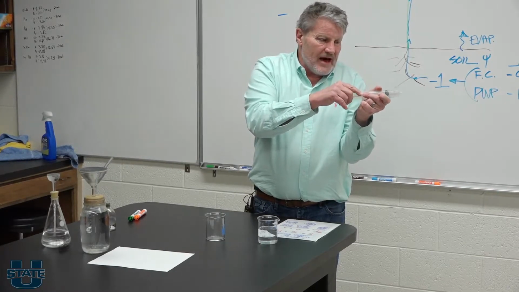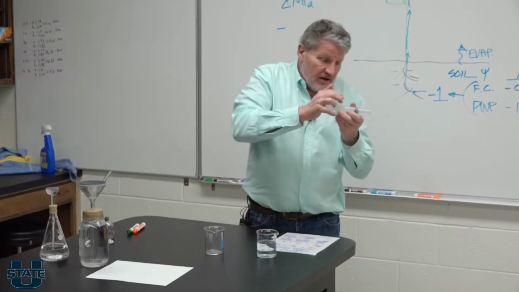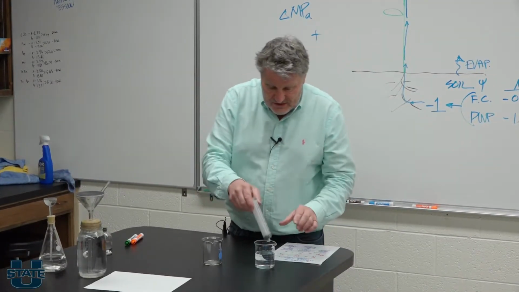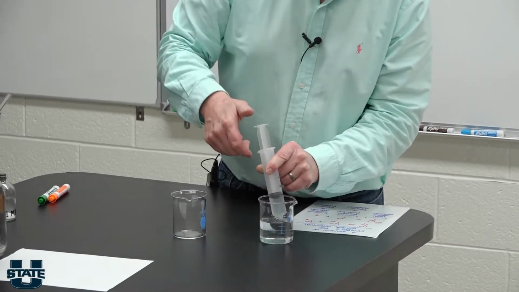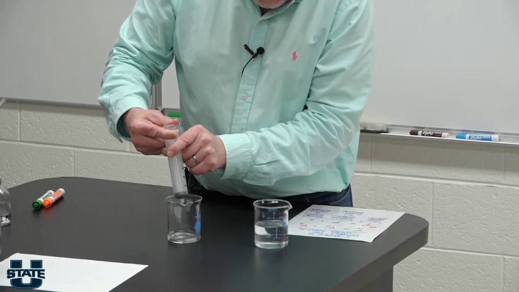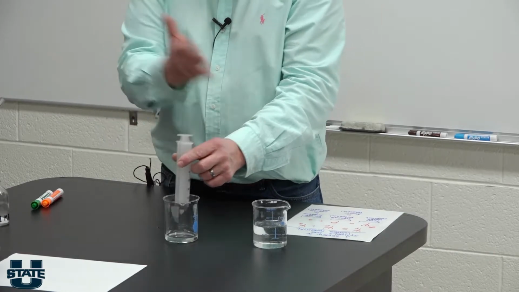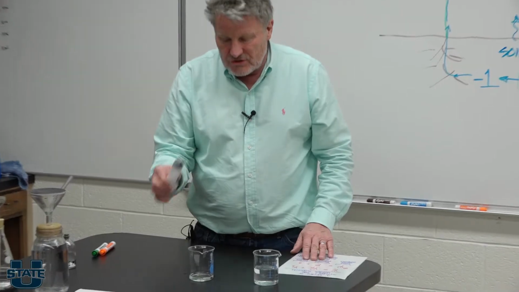If I pull back, we have suction, a certain force of suction. If I push, it's a pressure. So if I wanted to transfer water from this, we might have -1 megapascals. And then over here, if I release it at the exact same time, it would be +1. So we just moved water with the combination of suction and pressure.